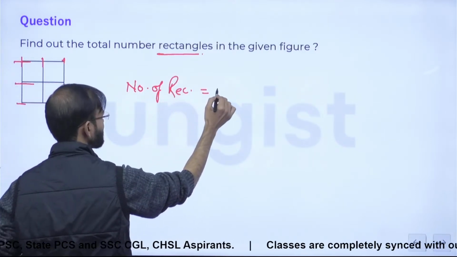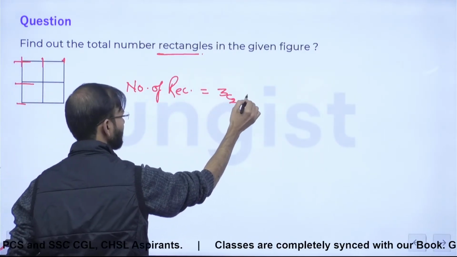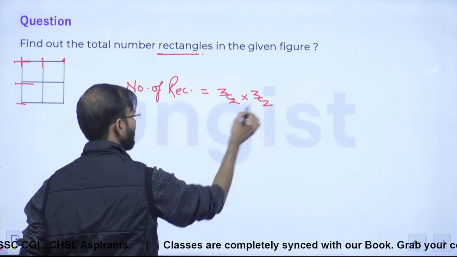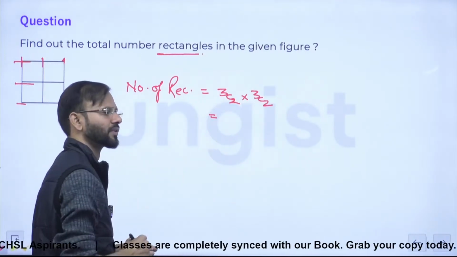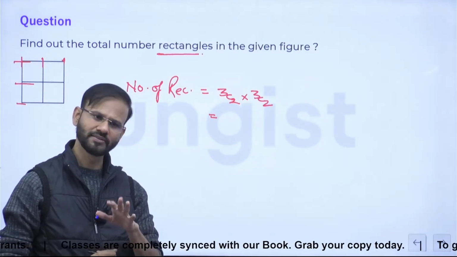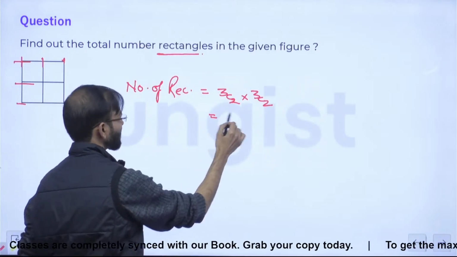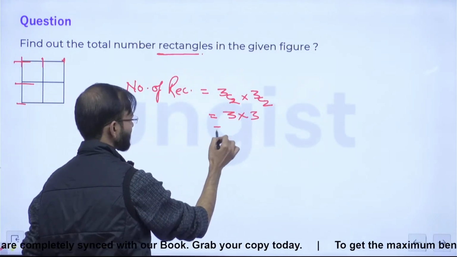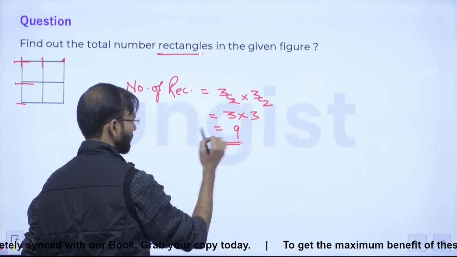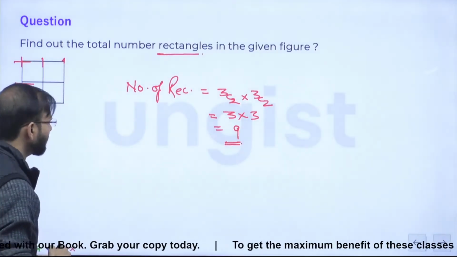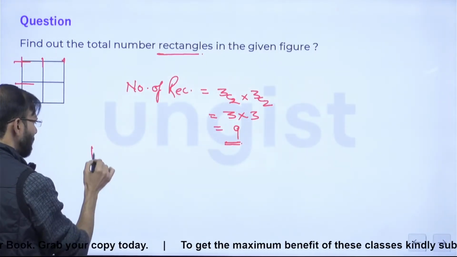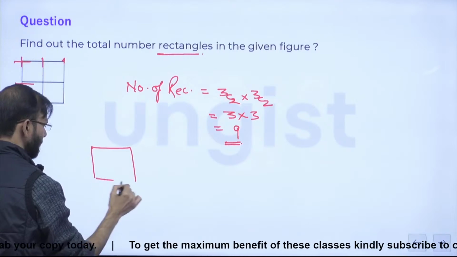So the number of rectangles is equal to 3C2 into 3C2. Guys, what is 3C2? 3 into 2 divided by 2, which is 3 itself. So this is 3 into 3. The answer is 9. Correct? Now guys, just think about this figure.